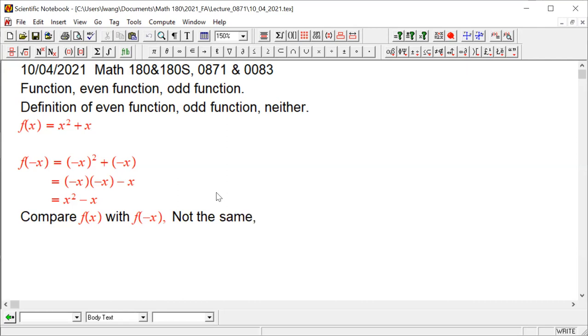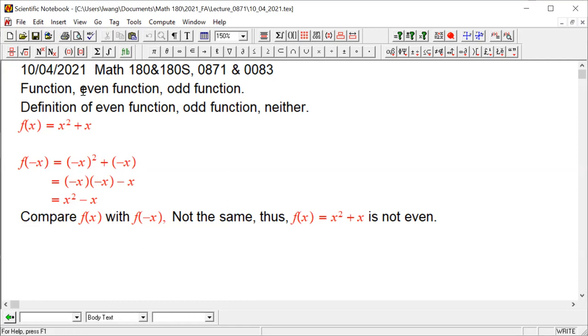Not the same means what? Thus, f of x equals x squared plus x, this particular function, is not even.